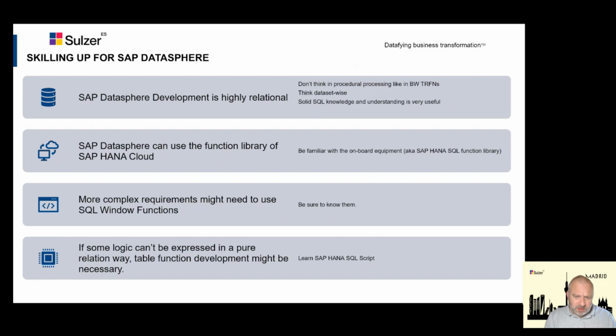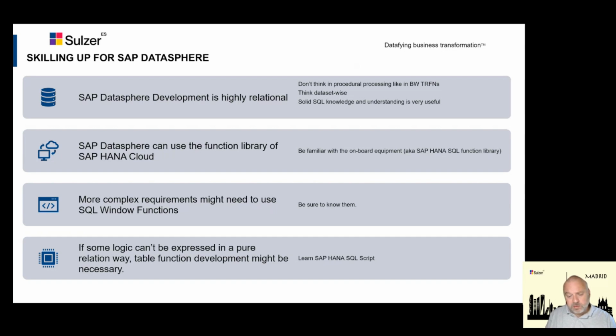And let's have a look at some aspects if you want to scale up for Datasphere. The first important thing is to know that Datasphere development is highly relational. So we make much use of relational ideas like joins, unions, intersections, these relational data set operators that we know from SQL.